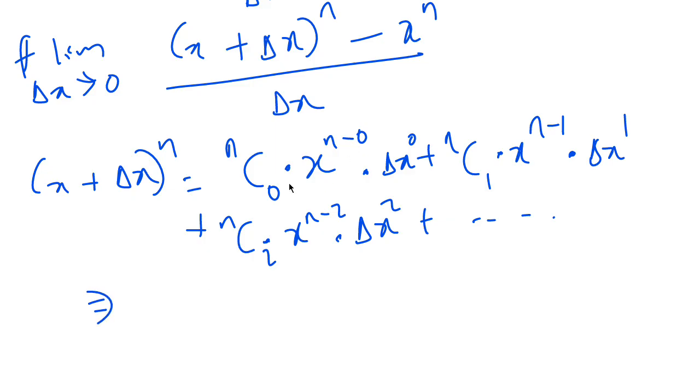So what we can notice here is that on simplification, n combination 0 is always 1, right? Then we have x raised to power n minus 0, which leaves us with x raised to power n, and any value except 0 raised to 0 is 1.